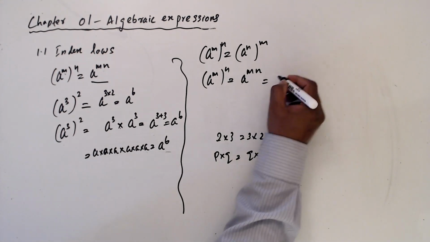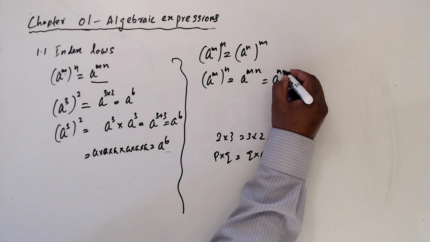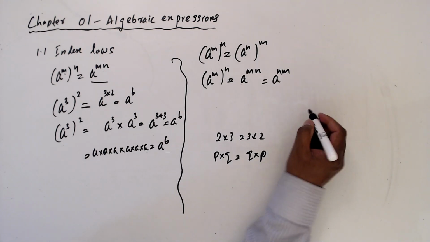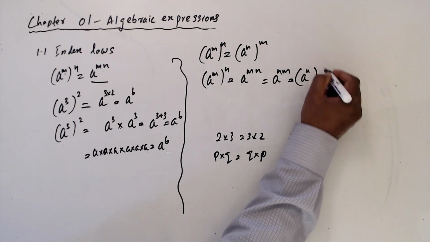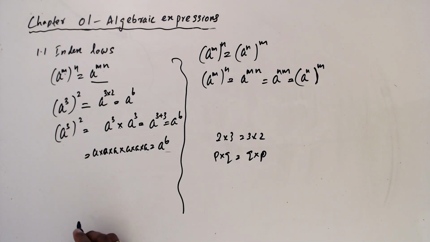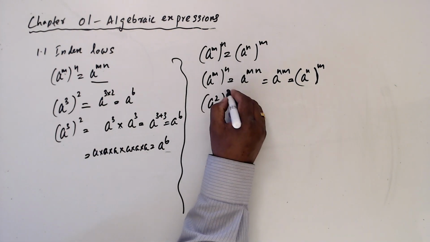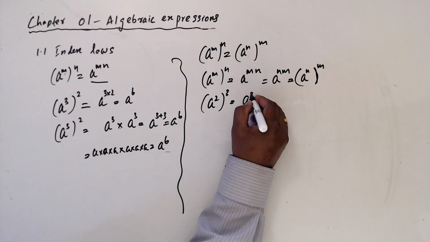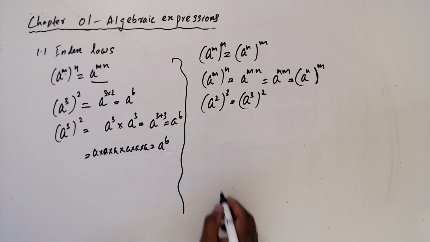Likewise, m times n I can write as n times m. Then I bring this form: a to the power n, to the power m. A to the power 2, 3, I can write a to the power 3, 2. So this is the simple example.